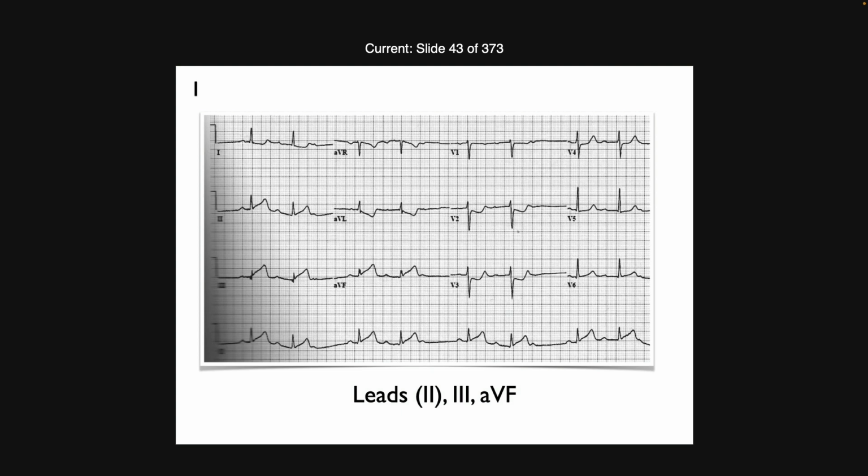So it's an AV block, right? It's not unusual to see an AV block with an inferior STEMI: first degree AV block, second degree type 1. It's probably caused by the same event that's causing the STEMI. Just a good thing to know.